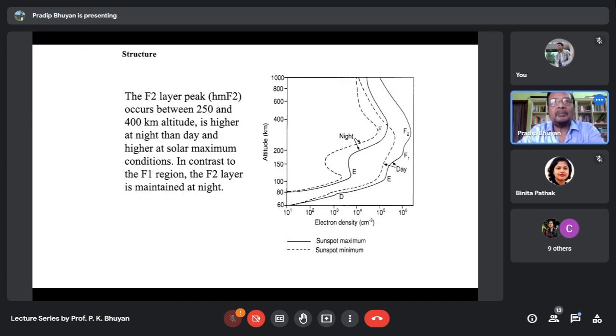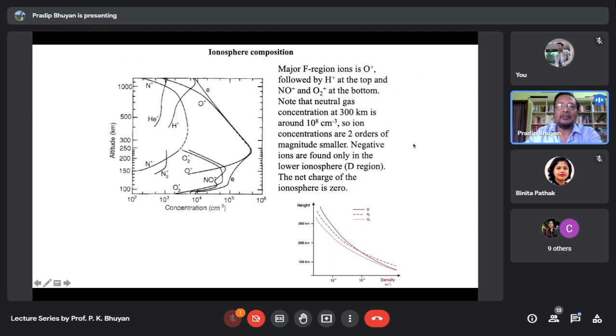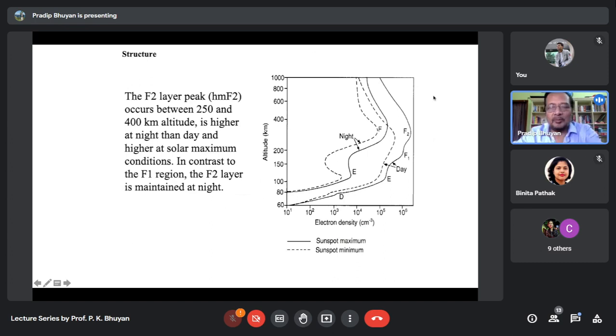So a lot of people started working on this, and finally what people gathered is that you get a layered structure in the atmosphere. So many layers. As you can see here, it is the D layer, then E, F1, and F2. This figure is taken from some book, mostly Hargreaves.